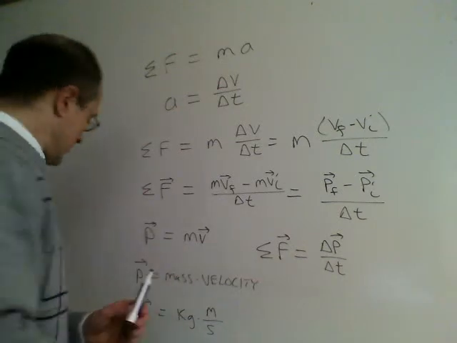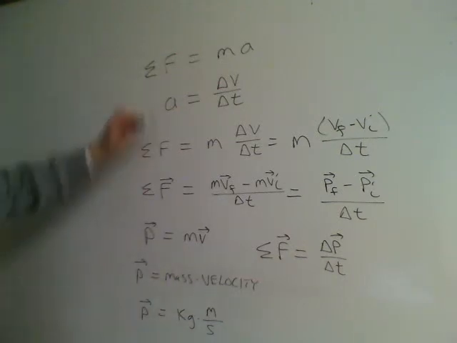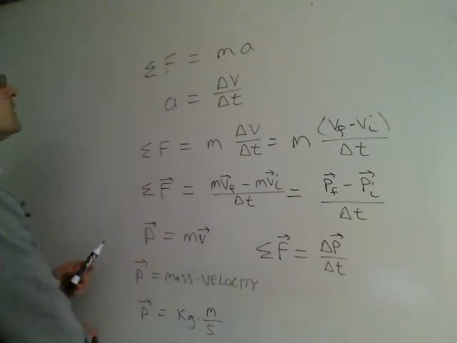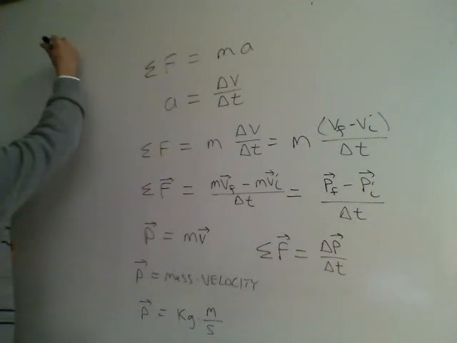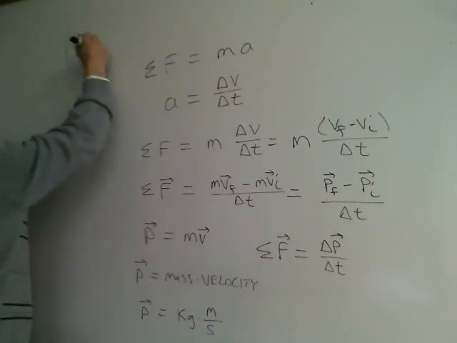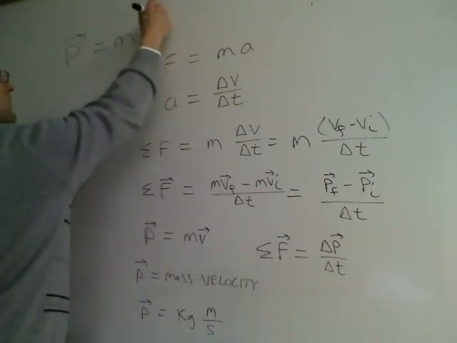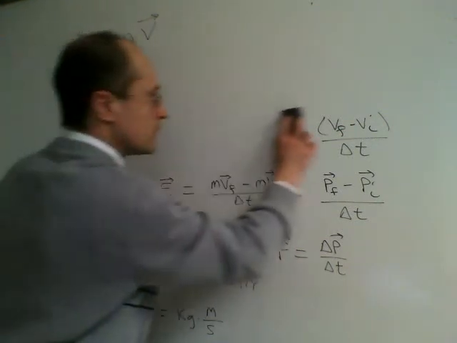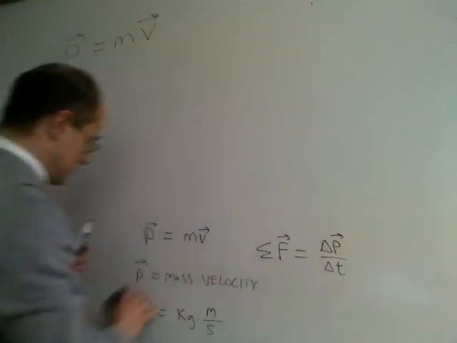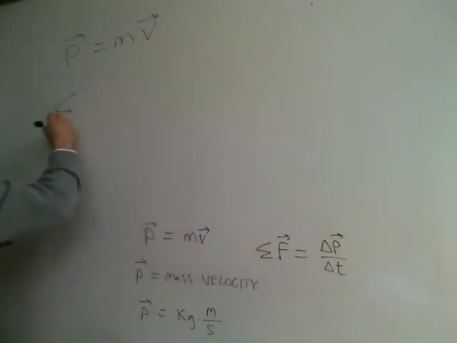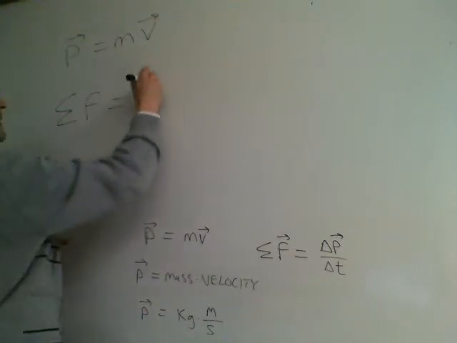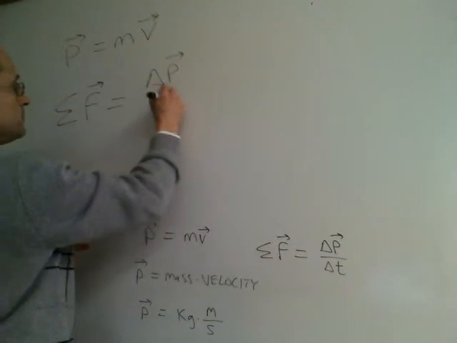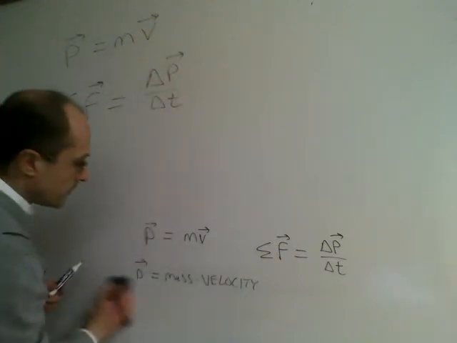Now, in general, let me erase this. We looked at the idea that momentum is mass times velocity, so let me write that over here: p equals mv, a vector quantity. Then we can use the second law, where the sum of the forces is the change in momentum over time.